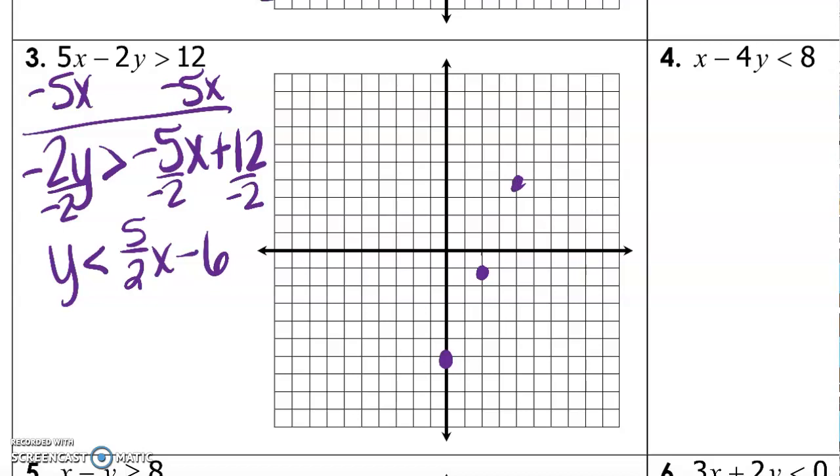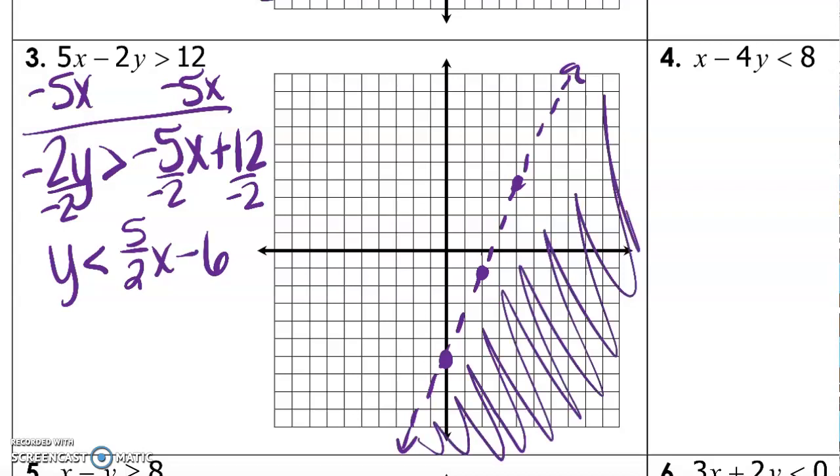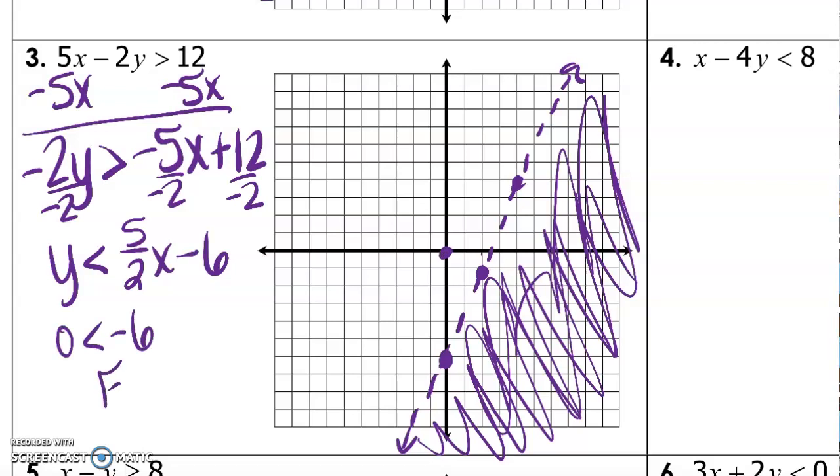It's a less than sign, so it needs to be a dotted line or dashed line. And then we need to go below the line because it's a less than. Again, if I check 0, 0, 0 is less than negative 6. That is false, so I was right to go on the opposite side of the line.